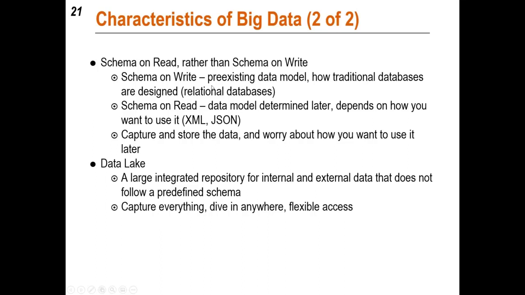We define the structure: how are we going to handle the particular context in our database? So we know exactly this is the context, this is the model we're going to implement, and all the business transactions are confined to that model, right? That is how traditional or relational databases are designed. So we call it schema on write, okay?